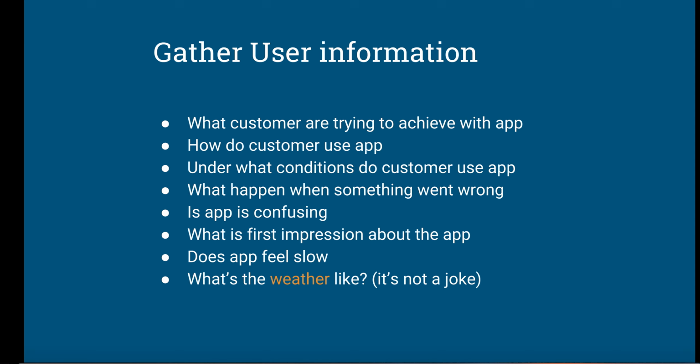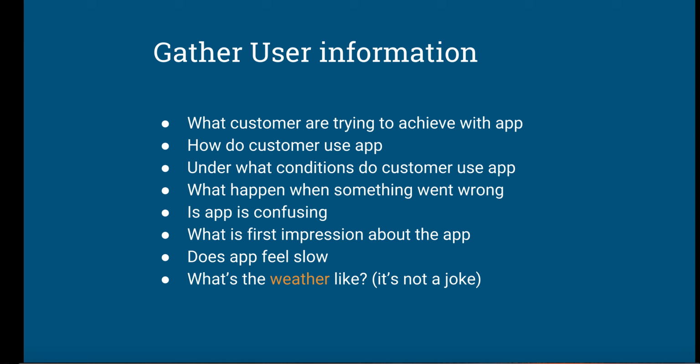What happens when something goes wrong? If the app crashes, is the app confusing? Your app should not be confusing. When you open an app, what is the first impression? Does the app feel slow? While testing, you should also consider what the weather is like, whether it's summer, winter or cloudy. It's not a joke.